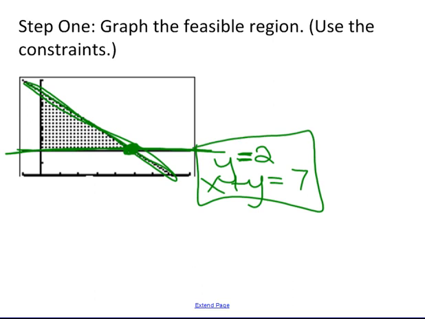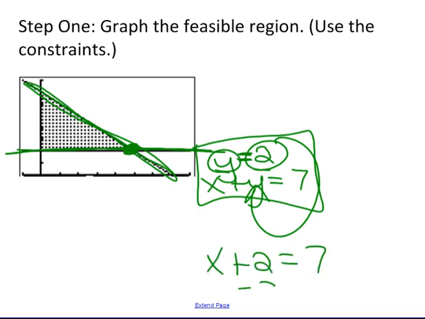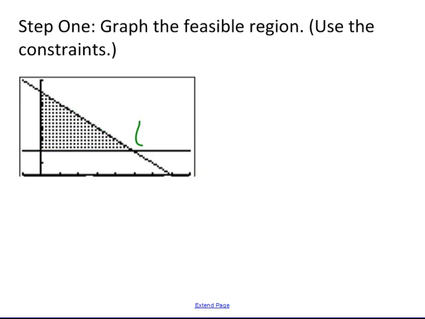You can either do it by substitution or by linear combination. I would do substitution because I have y equals 2, substitute 2. So you have x plus 2 is equal to 7, and you get x is equal to 5. So this point right here, my y value is 2 and my x value is 5.